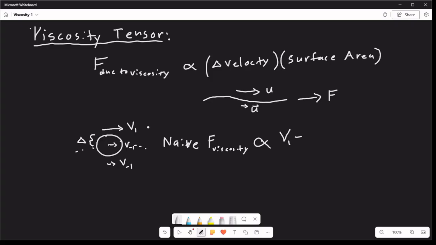It's basically the difference between this velocity and how fast the skin is moving. So the faster the external fluid is going, the more force there is on the skin of the blob to make it accelerate to match the external velocity. So V1 minus V.